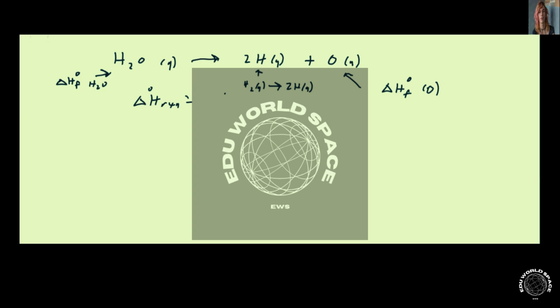So the enthalpy of formation of our products then will be this 436 plus this oxygen atom, which we said was 248 kilojoules per mole.